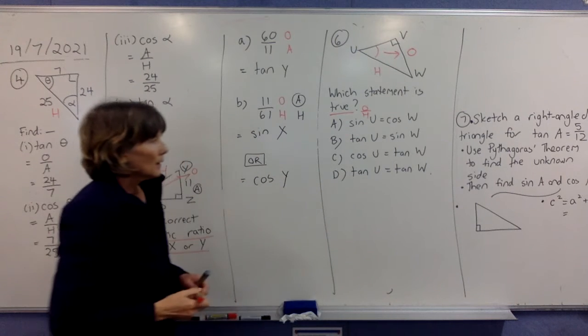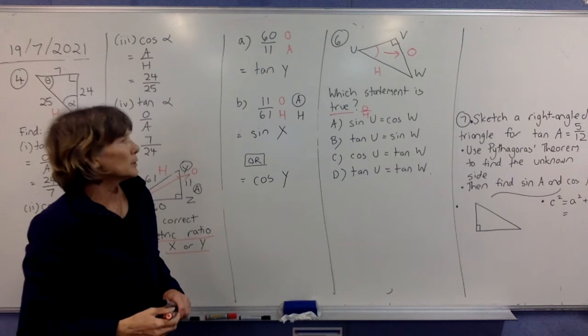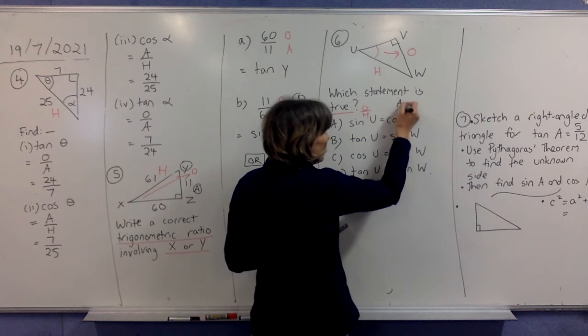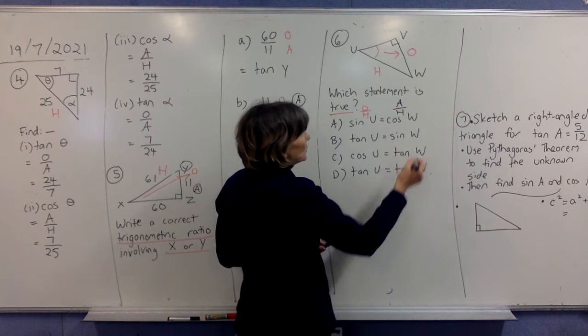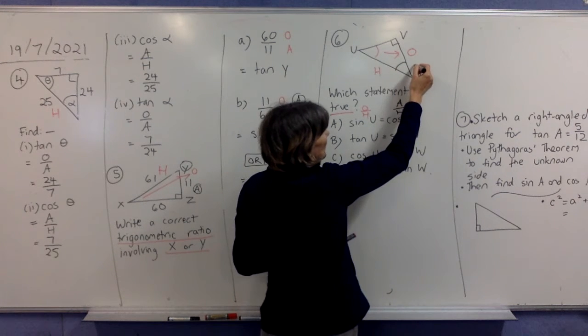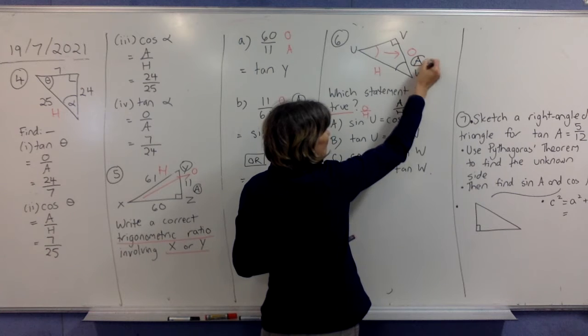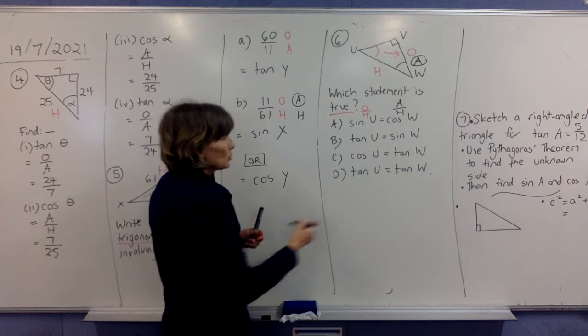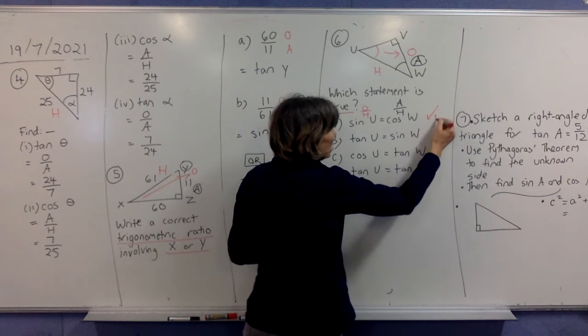Now, if we did cos w, cos would be adjacent over hypotenuse for angle w. Adjacent over hypotenuse, this is the adjacent side, and that's the hypotenuse. So that is actually the true statement, that one right there.